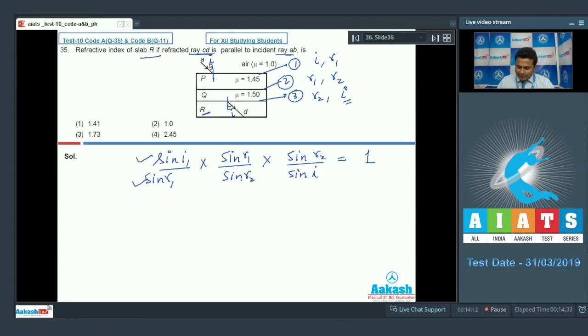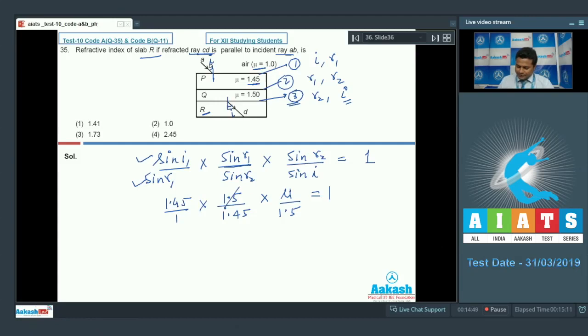Now sine i upon sine r1 will be what? Refractive index of refracting medium divided by refractive index of incident medium. Incident medium is air, refracting medium is 1.45. So we can write 1.45 divided by 1, multiplied by, for interface number 2, where refracting medium is 1.5 and incident medium is 1.45, multiplied by, for interface 3, refracting medium has refractive index mu, suppose, which we have to calculate, and incident medium is 1.5, equals 1.